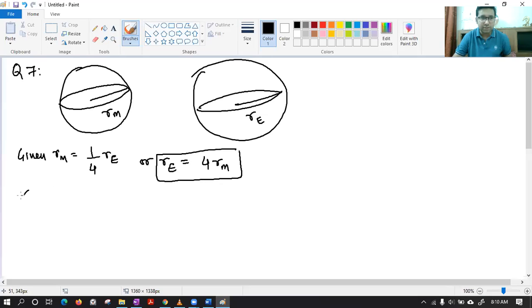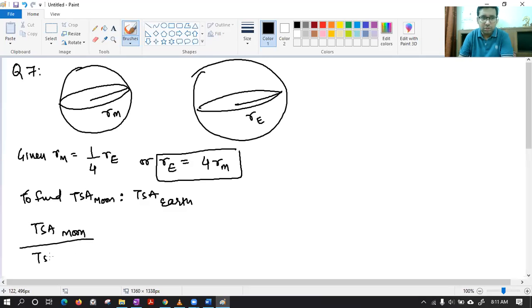So to find TSA of moon is to TSA of earth. That's it. Now again we can find this directly. Instead of finding separately, we can find directly TSA of moon upon TSA of earth.